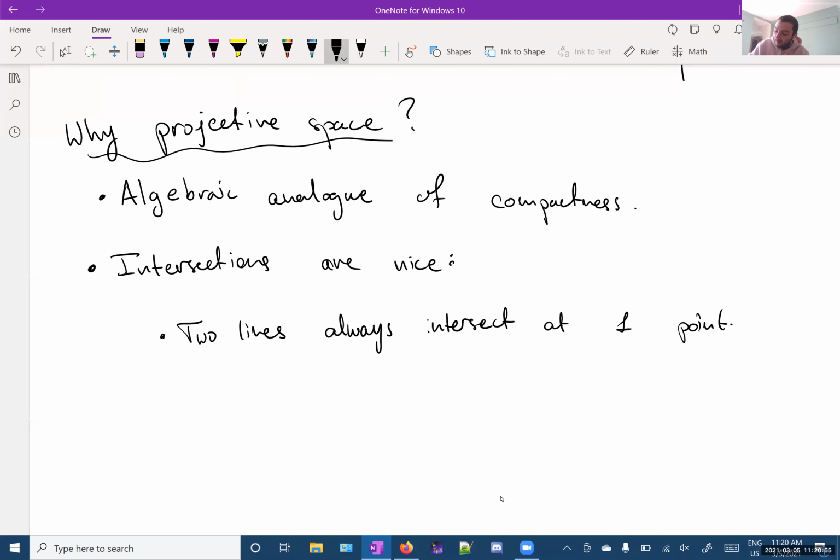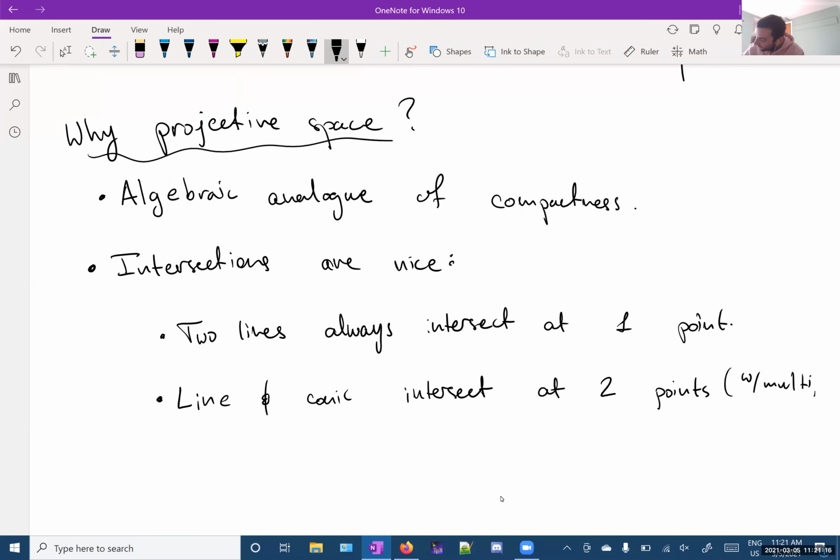This is one example, a line and a conic. So line and conic intersect at 2 points. And then there's an asterisk here, it's with multiplicity. I'll just write with mult.